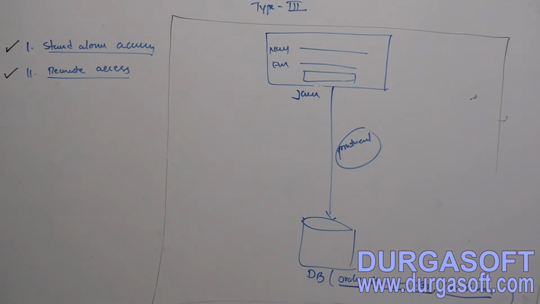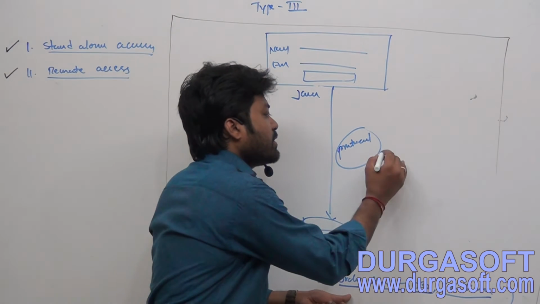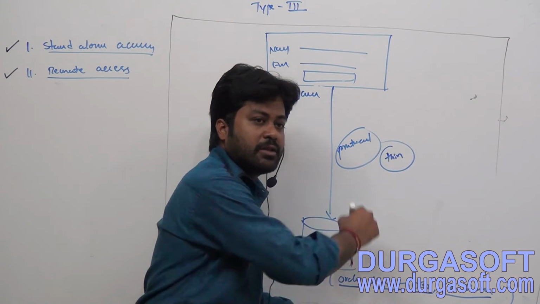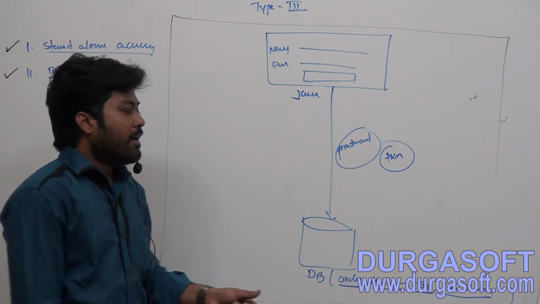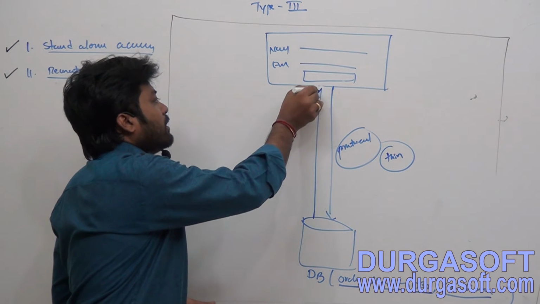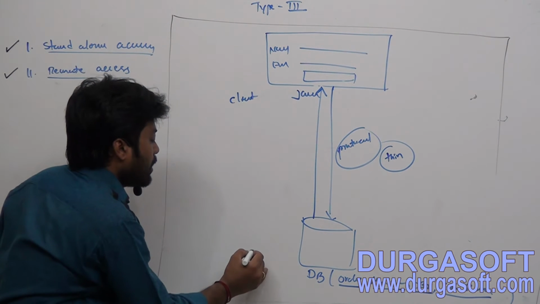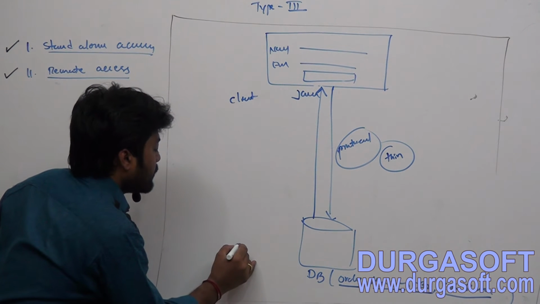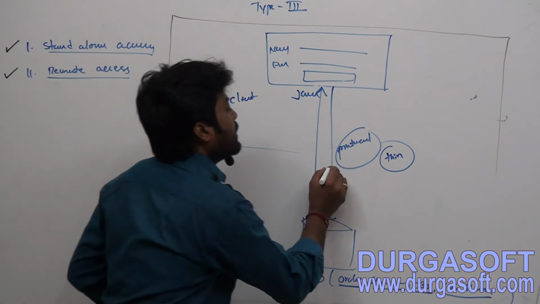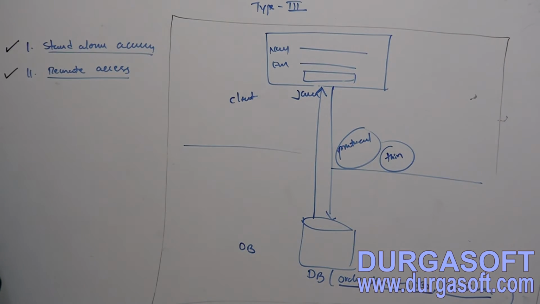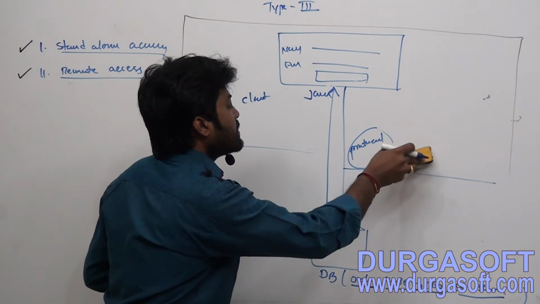If you go through type 4 driver, let's say Oracle is using one protocol, something thin. By using that thin protocol, it needs to make a call on the database. Then it will give response to the client. When you make a call on the database, that call it needs to send in the form of protocol. That protocol it will send to the database.